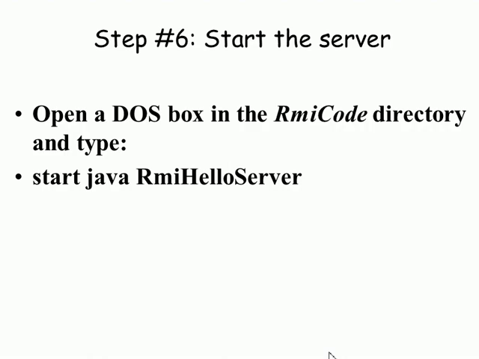For the Mac, which is really Unix, I would type Java space RMI hello server, and if I wanted it to run as a background process, I would say space ampersand, and then that would launch it in the background and give it the status of a job, which I would then have to kill later.